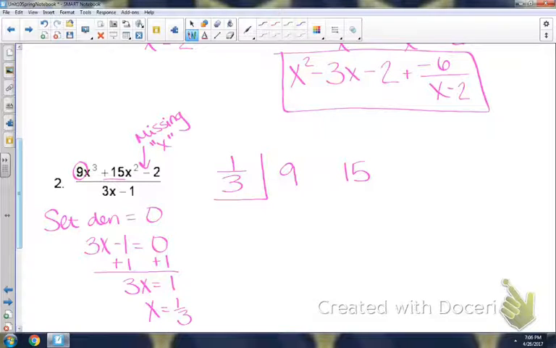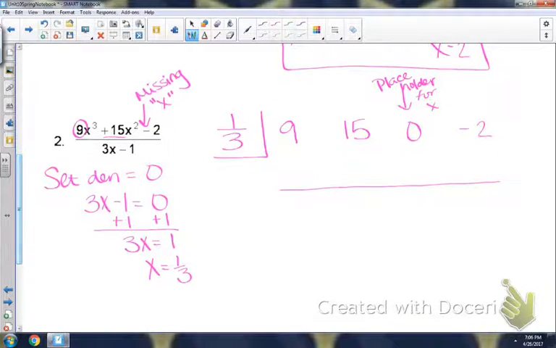So we're missing the x term, and we have to actually put a zero as the placeholder for x. You have to pay attention to that. That's the most common mistake once you get the hang of these, forgetting that placeholder if something's missing. And then the last one is your constant, which is -2. So leave some space and then draw a horizontal line.